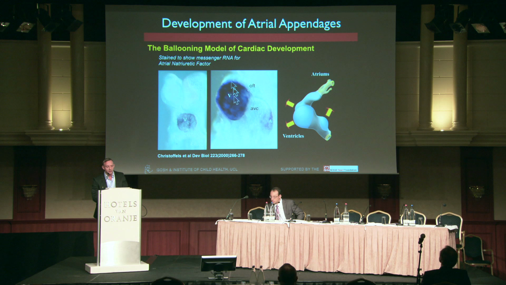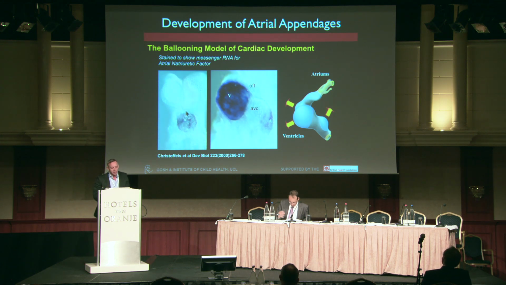Now, if we look at the evidence for that, this is the first appearance of atrial natriuretic factor, a peptide, within the atrial and ventricular components of the heart. We're looking here at a mouse embryo, and the purple stain is atrial natriuretic factor.